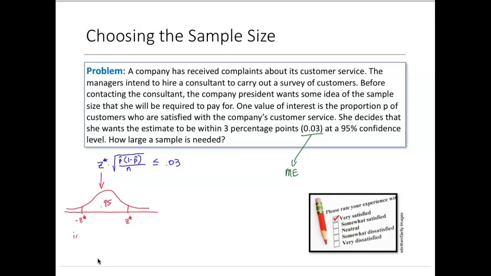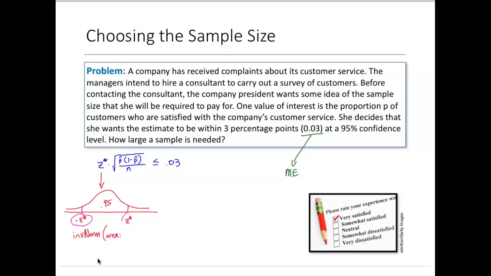We said we can use inverse norm. The area to the left, you can use either z-score, remember. If you choose to do this one, it's going to come back negative, so you just need to make it positive. But how much is left over in the tails? 0.05 total, and then so how much in one tail?